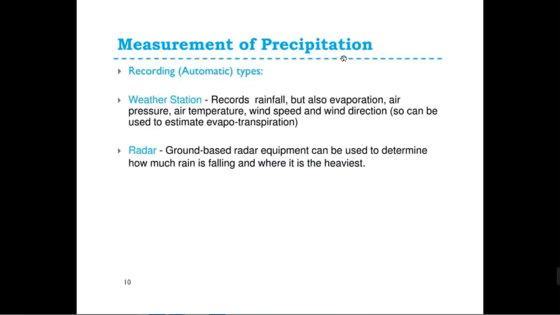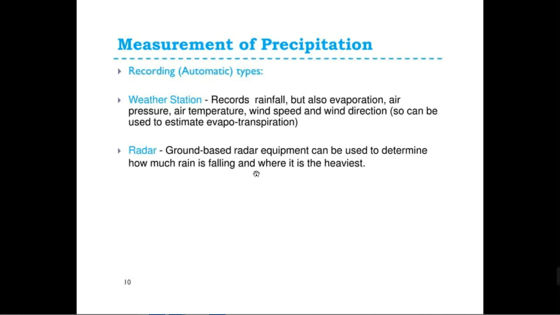The weather station records rainfall but also evaporation, air pressure, temperature, wind speed and wind direction, used to estimate evapotranspiration.